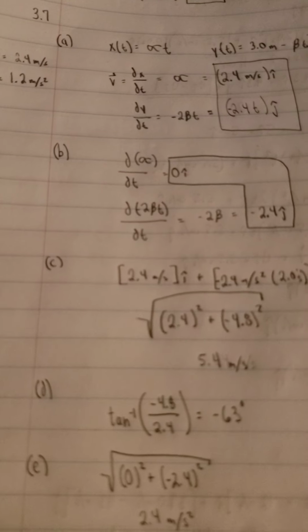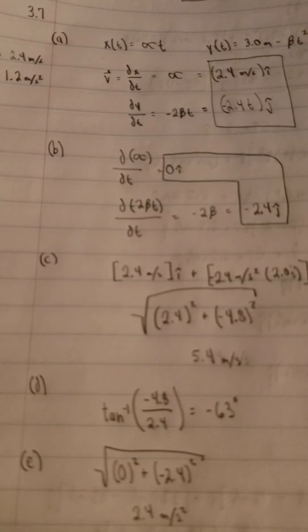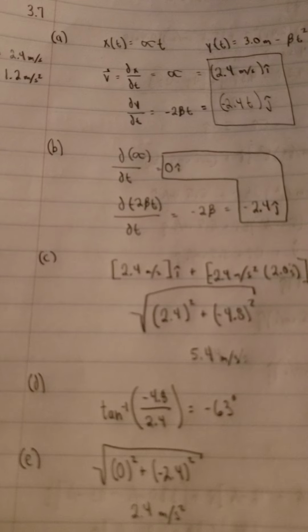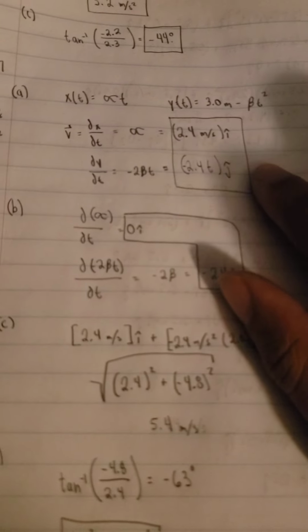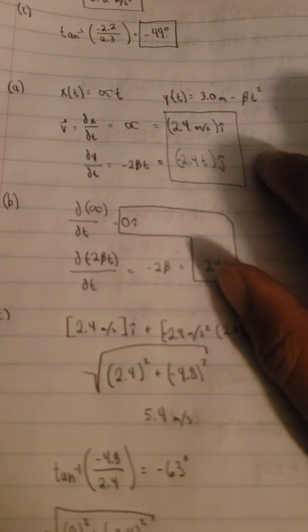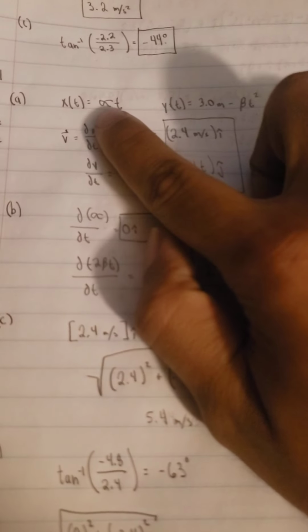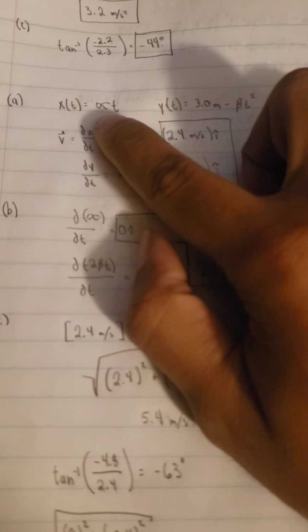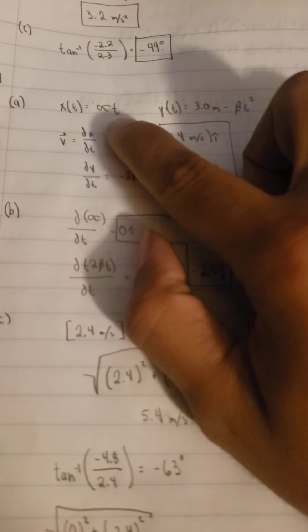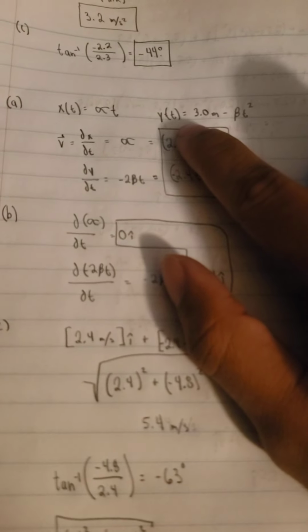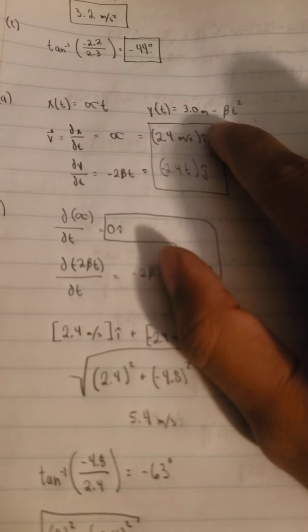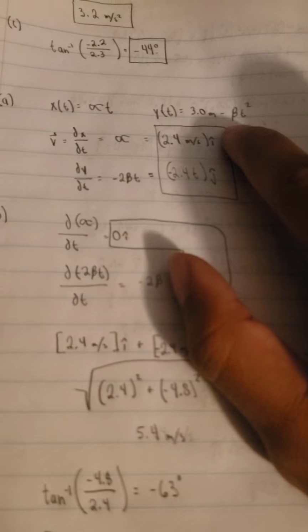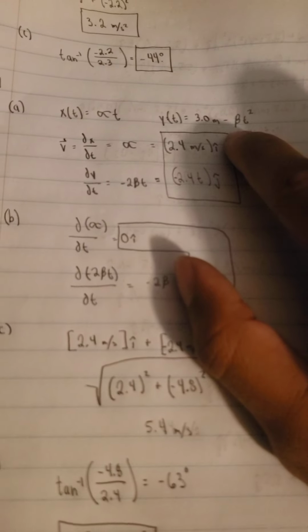Part A asks to calculate the velocity vector of the bird as a function of time. Here, you can see that I took the derivative of x as a function of t equals alpha t and y as a function of t equals 3.0 meters minus beta t to the power 2.